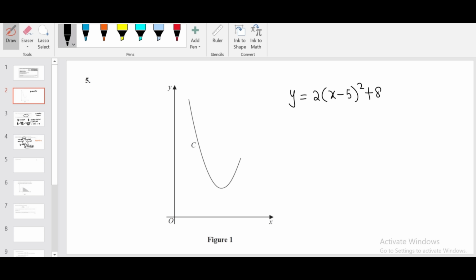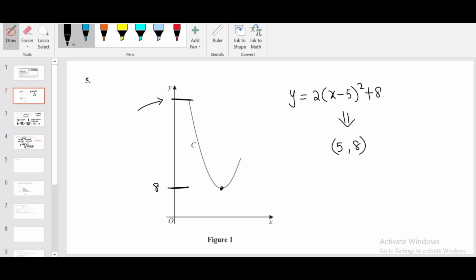So usually when you want to find the range of a quadratic graph, you need to know the turning point, because the range of this function is basically the y values from here to here, right? So the turning point, you can write as 5, 8. That's the turning point. So definitely this value is 8. Now we need to find this value. So that's the range, right?